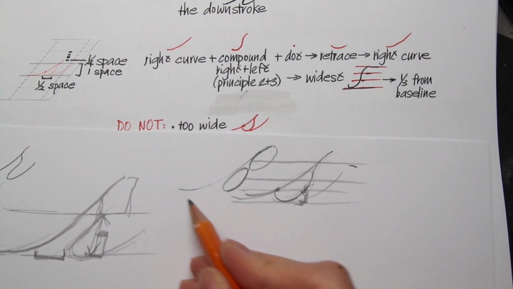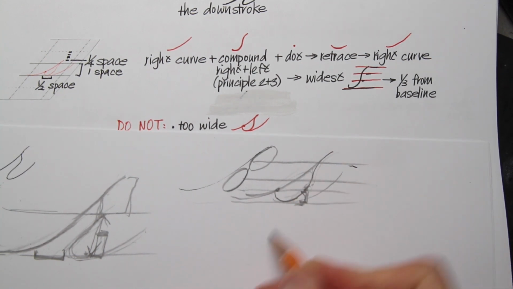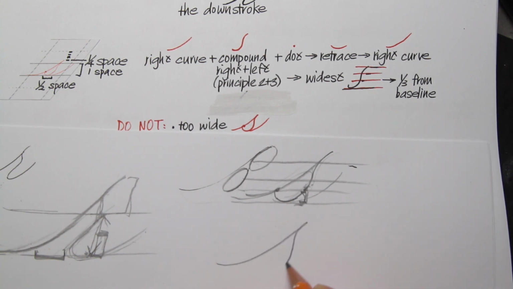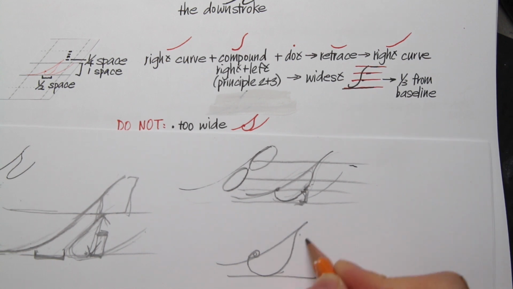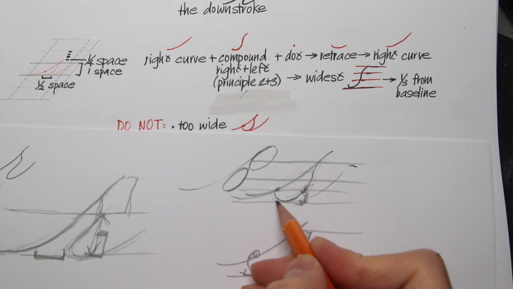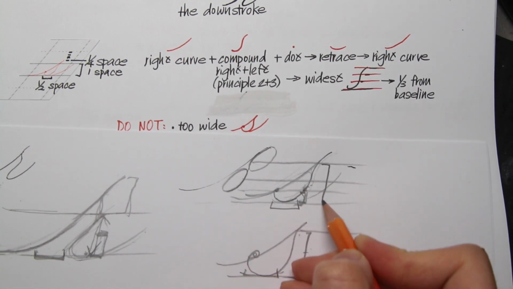So carefully draw out your letter, just like how I did here, so that when you approach it with your pen and ink, it won't be something like this, so wide and disproportionate. This is clearly not half of that, but this is half of this.